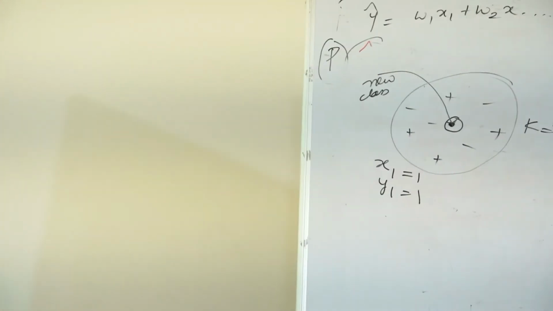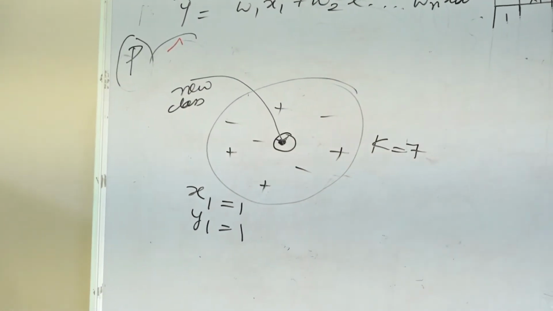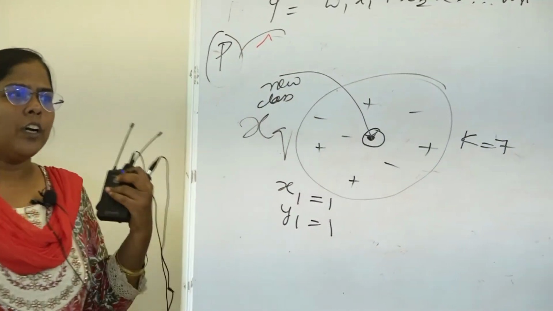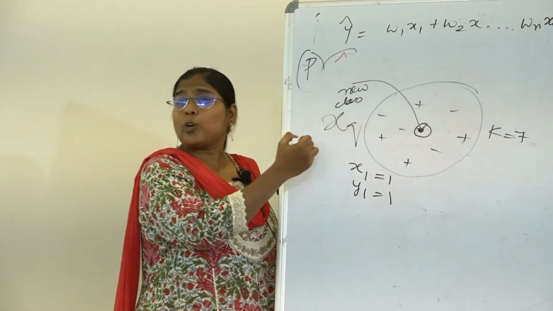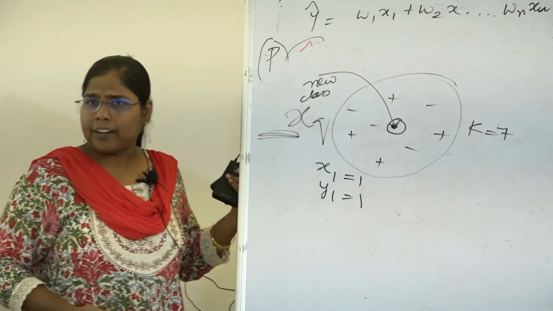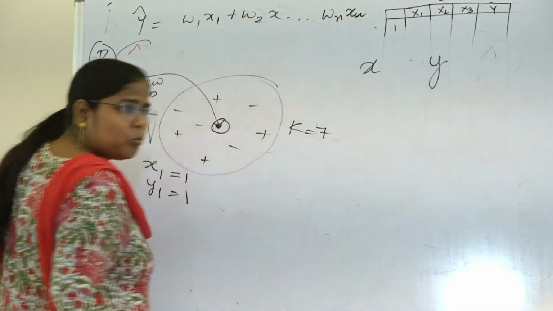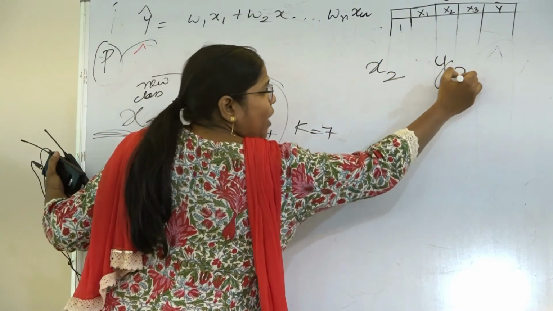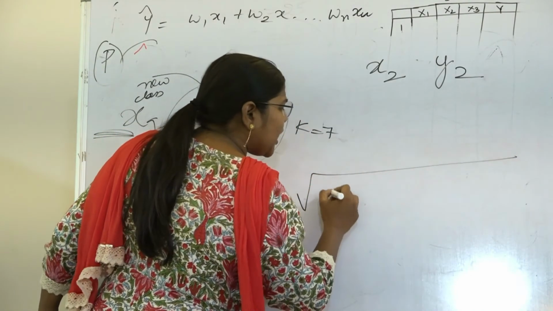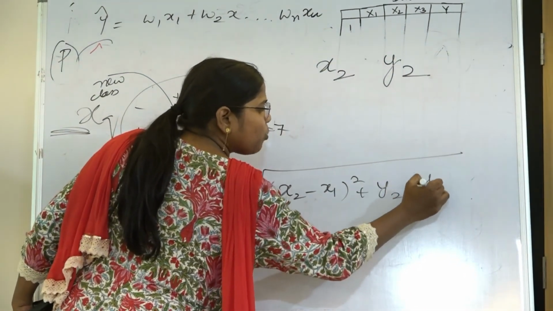Here we have a data point x1 equal to 1 and y1 equal to 1. I need to classify the new query. This is what the external query is. Now what I do, I take the x value and y value and I assume these as x2 and y2 and calculate the distance. How do you calculate? (x2 minus x1) whole square plus (y2 minus y1) whole square.